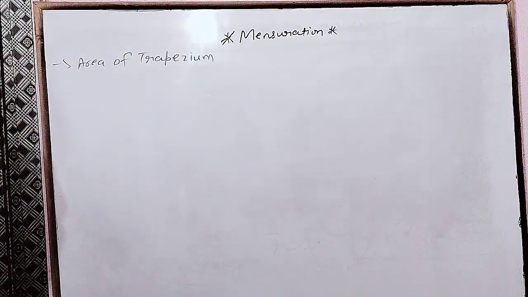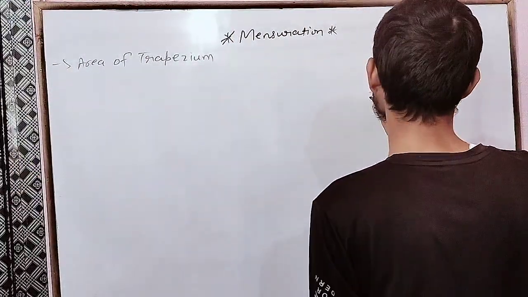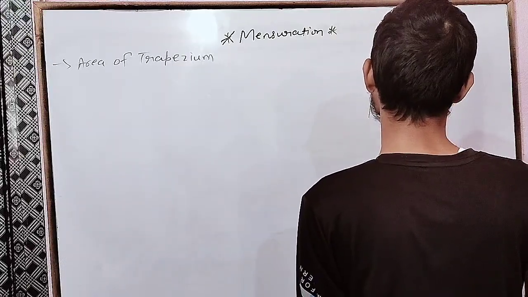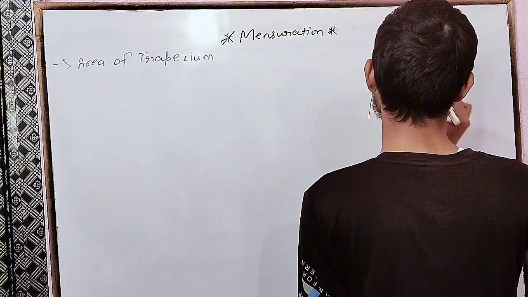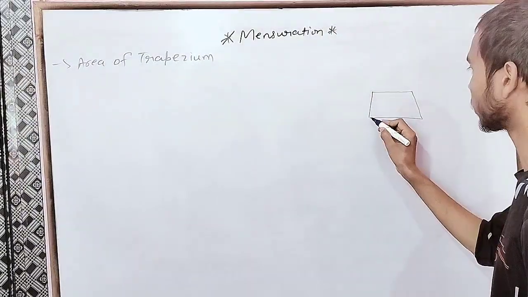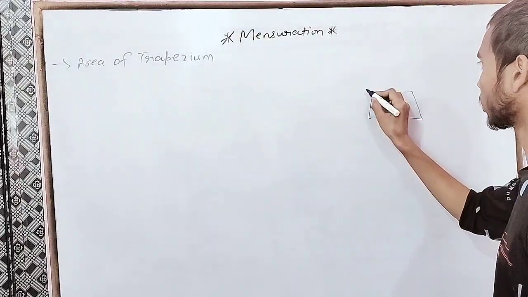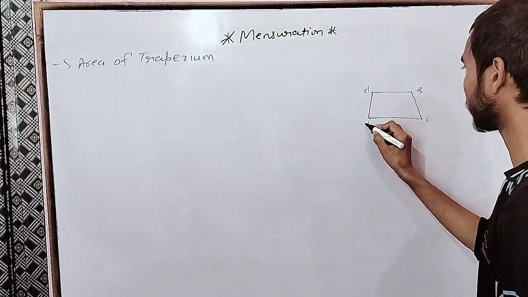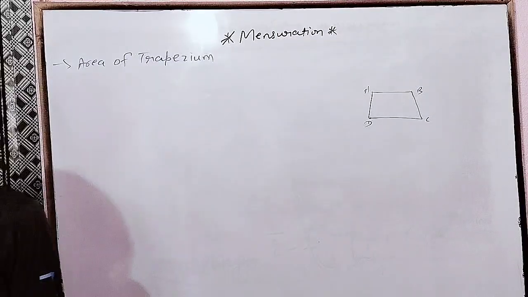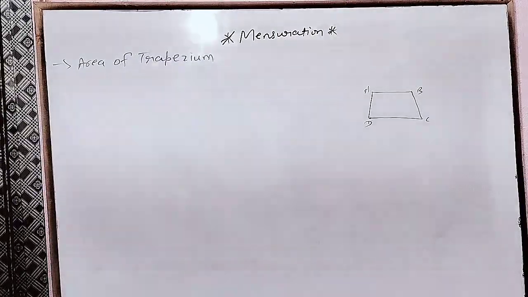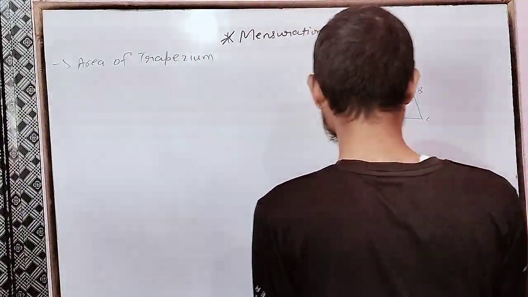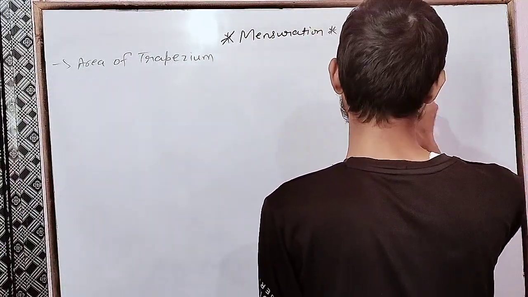Okay, the diagram would be like this. The diagram of a trapezium would look different in view. A, B, C, D. We will understand the formula for finding the trapezium area. We will try to understand.